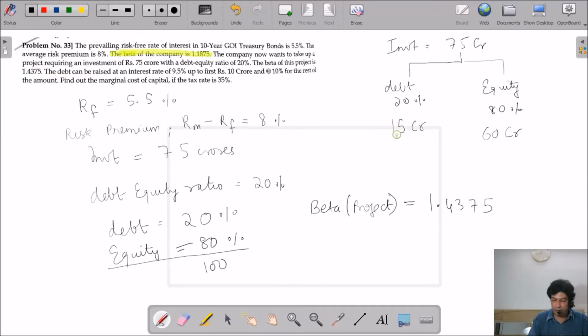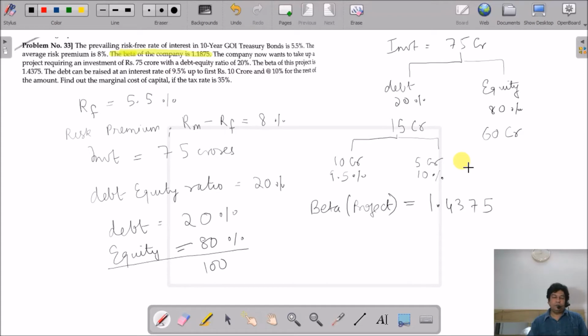So I require a debt of 15 crore rupees, right? What they have said is that the debt can be raised at an interest of 9.5% up to 10 crores. So up to 10 crores I will borrow the money and pay an interest of 9.5%, and for the remaining 5 crores I am going to borrow at the rate of 10%.